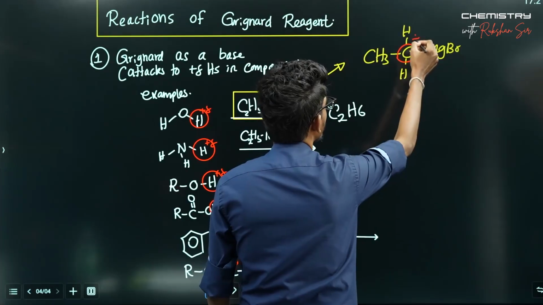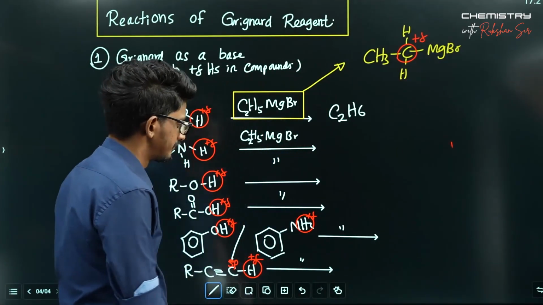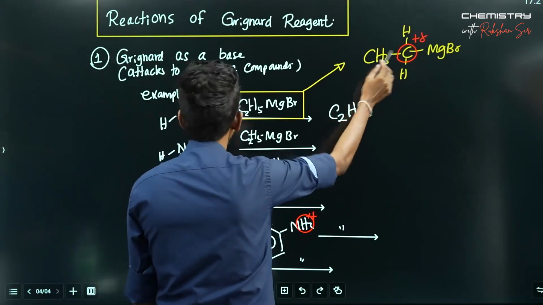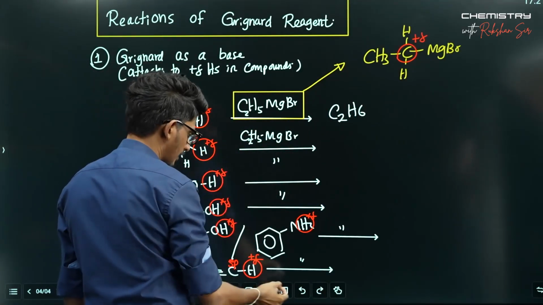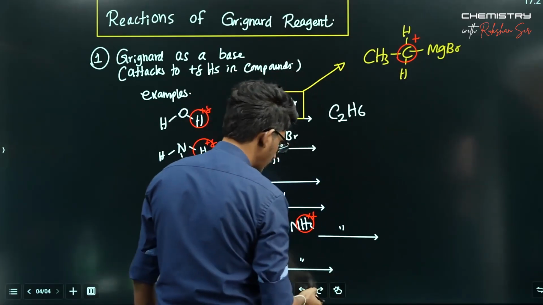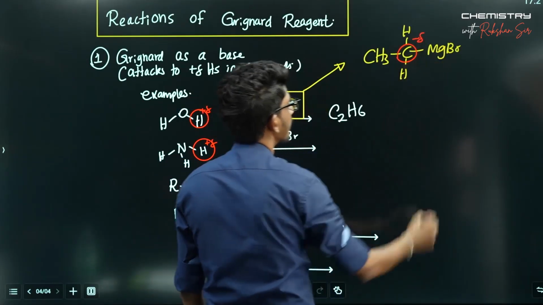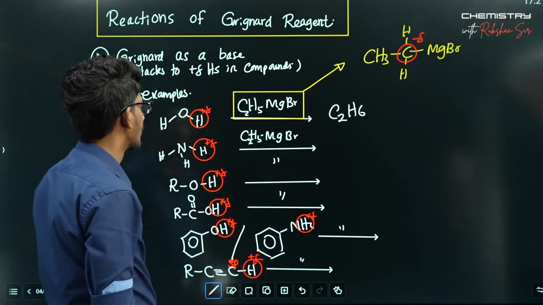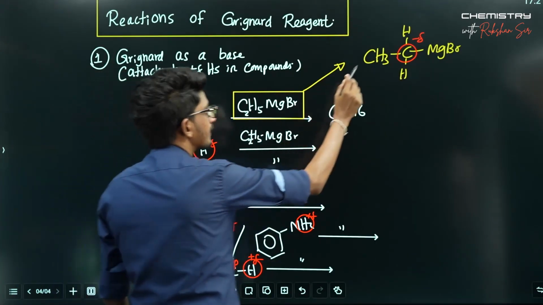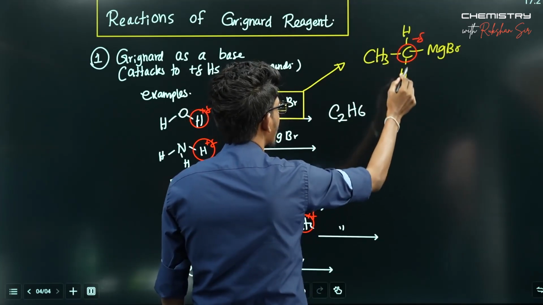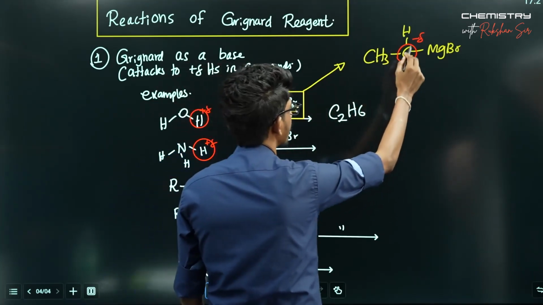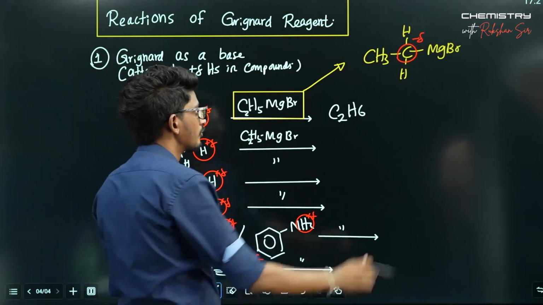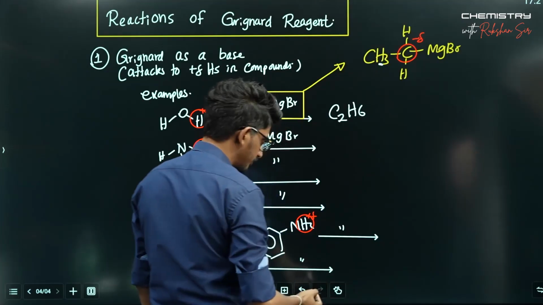This carbon is negative. So this negative carbon will attack this positive hydrogen. Ultimately what will form? CH3CH2 will be combined with this hydrogen. So CH3CH3, C2H6. So the alkane of your alkyl group of the Grignard will form.